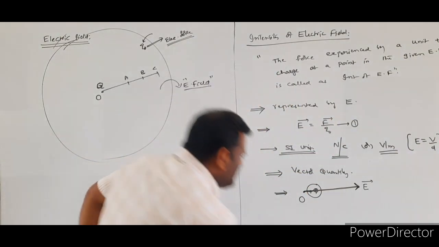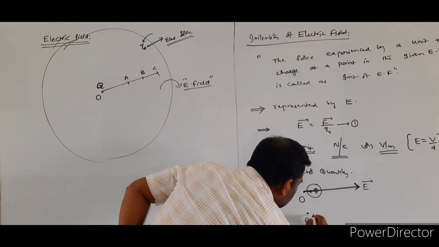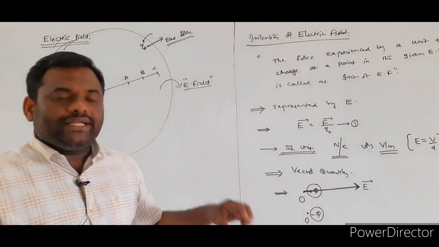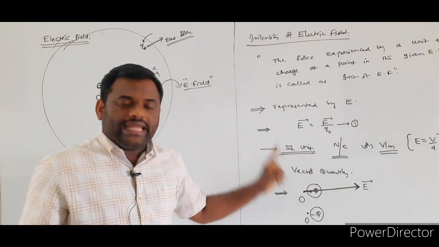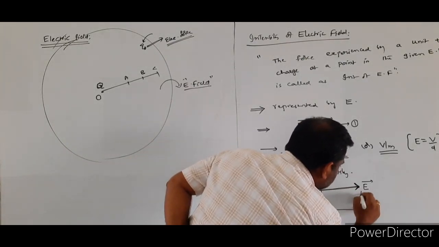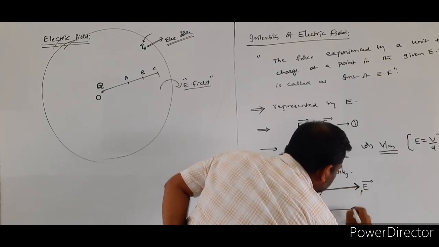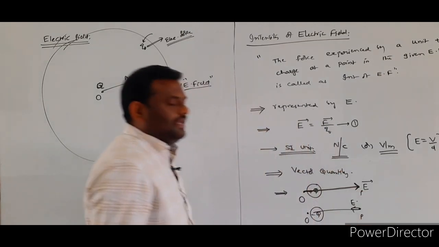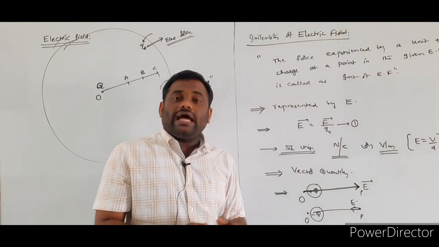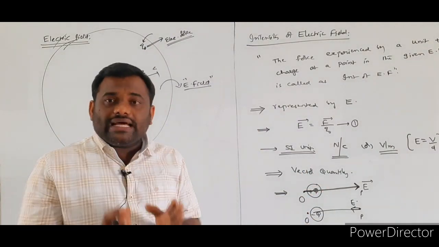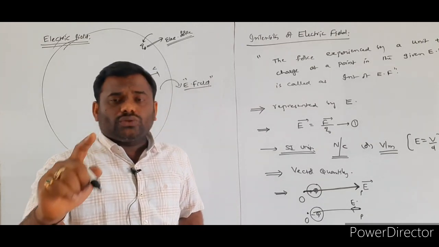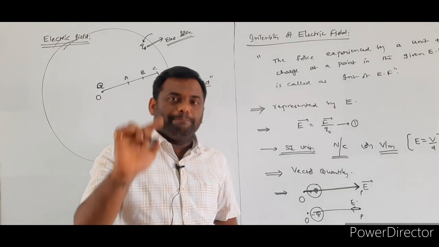Suppose at the same point O, you place a negatively charged particle. The direction of the electric field at the same point will be acting towards the charged particle. So what we have to understand is that whether the charged particle is positive or negative, the magnitude of the electric field remains the same.